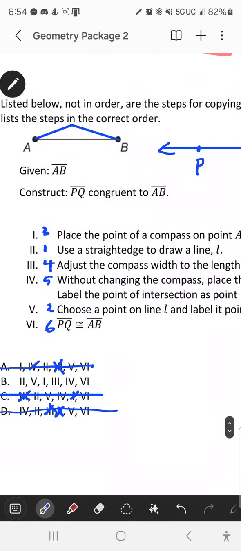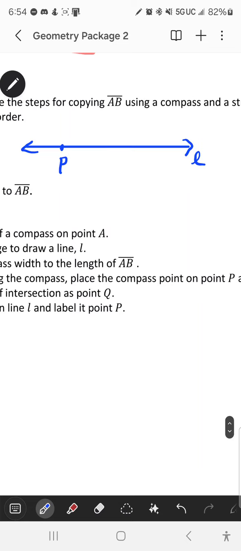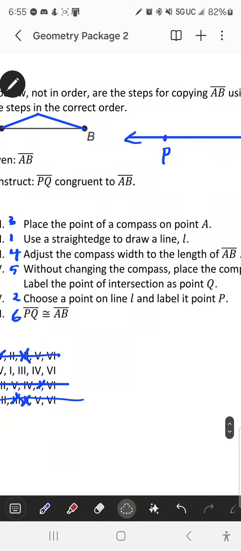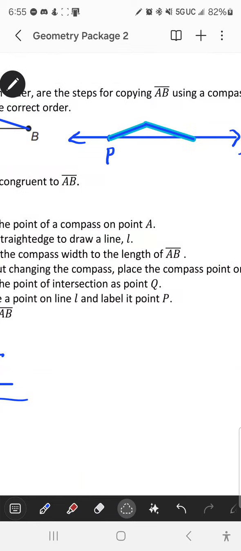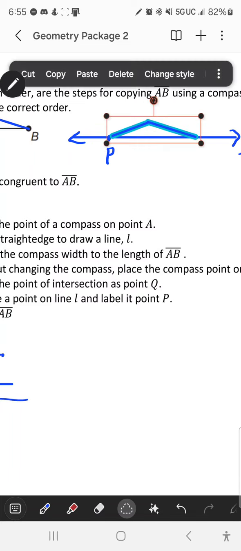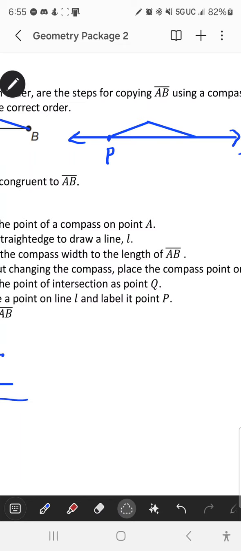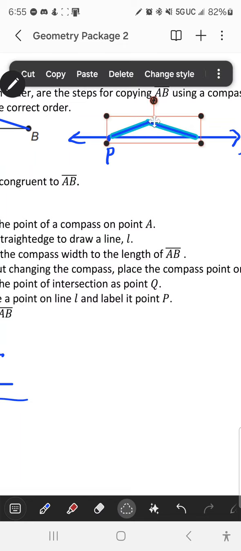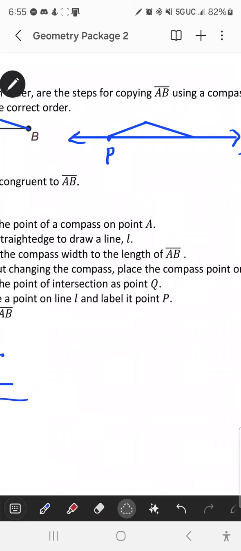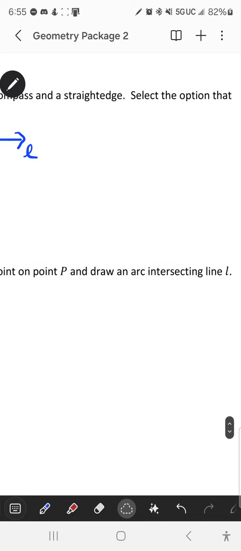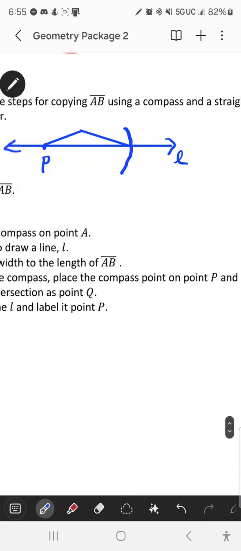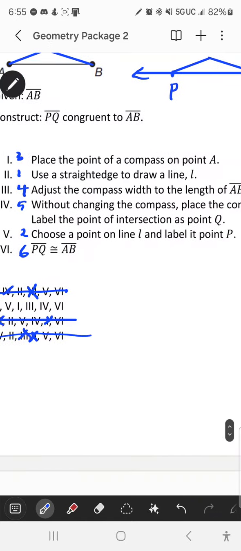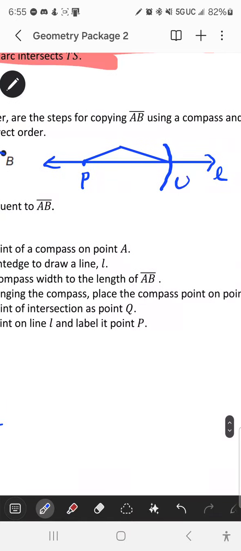Now, 5, without changing the compass, place the compass point on point P. Okay, without changing the compass, place it on point P. Now draw an arc that intersects line L. Label the point of intersection as point Q. So this is point Q.